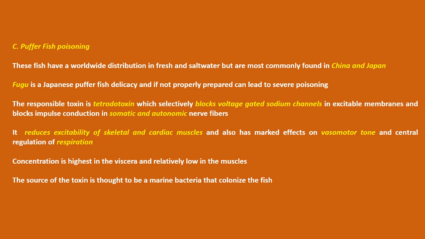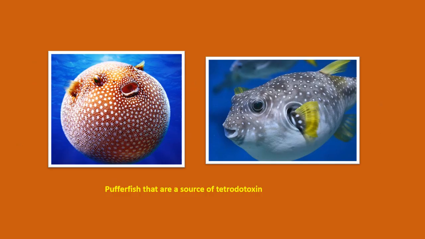It reduces excitability of skeletal and cardiac muscles and also has marked effects on vasomotor tone and central regulation of respiration. Concentration is highest in the viscera and relatively low in the muscles. The source of the toxin is thought to be marine bacteria that colonize the fish. This picture shows pufferfish that are a source of tetrodotoxin.